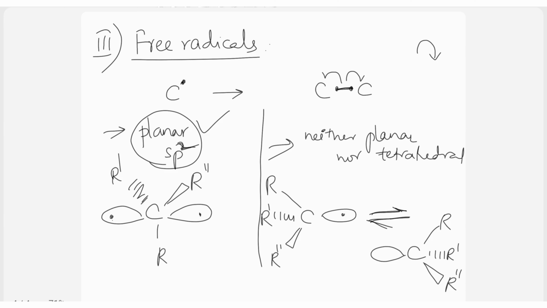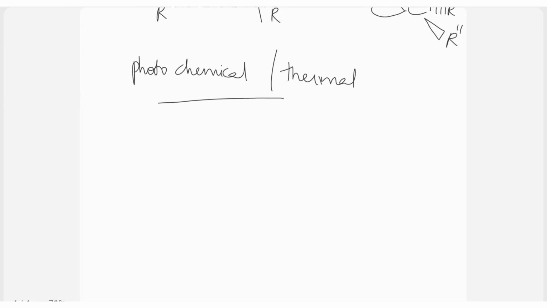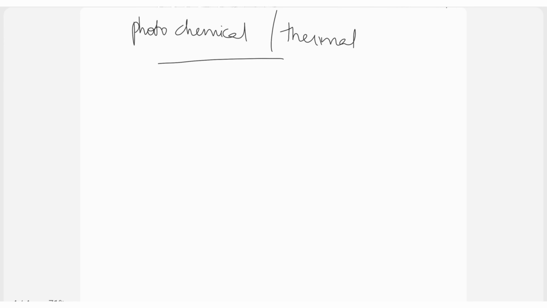This is the free radical orbital structure, and generally we observe free radical formation in photochemical or thermal reactions, where the amount of energy that we supply is very high.